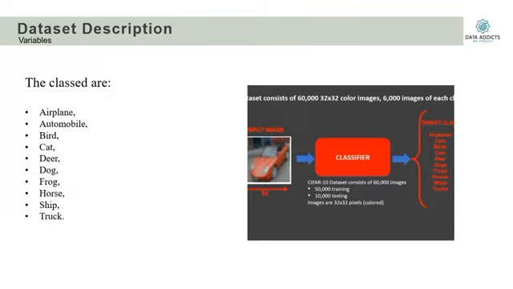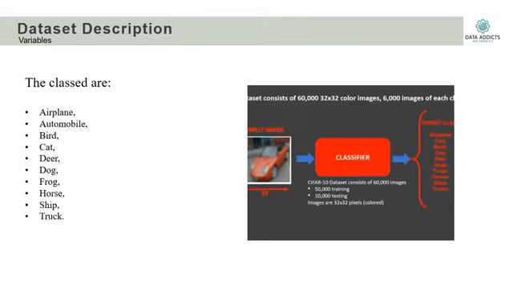This dataset, as I mentioned before, has 10 different classes. Those 10 classes are airplane, automobile, bird, cat, deer, dog, frog, horse, ship, and truck. So first we're going to give this model an image.